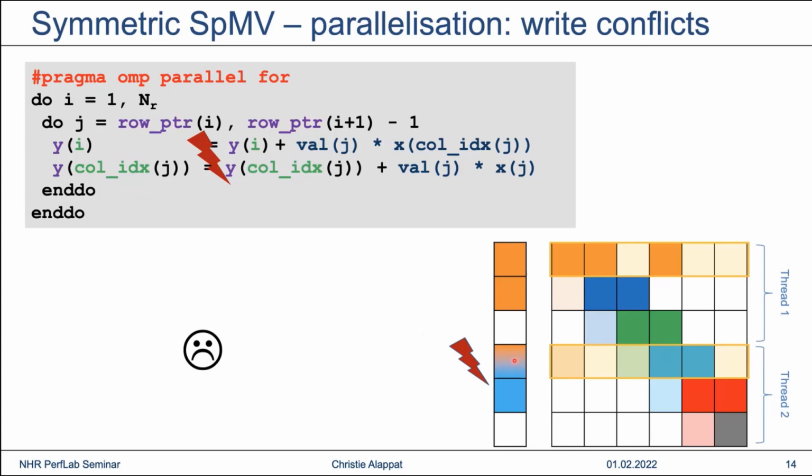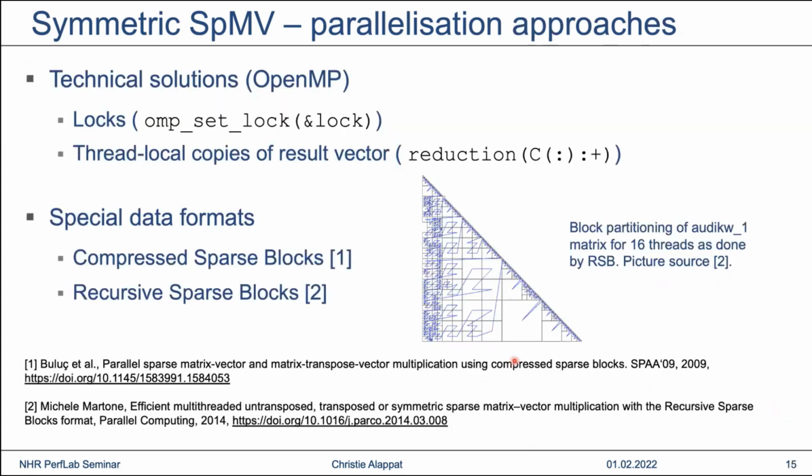There are many solutions that have been proposed, or that one could also think of, to avoid this problem, like locking. For example, you can lock the output vector and say, okay, only one thread writes to an element of the y vector at a single time. Or we could use thread local copies, perform the computation on thread local copies and at the end do a reduction.